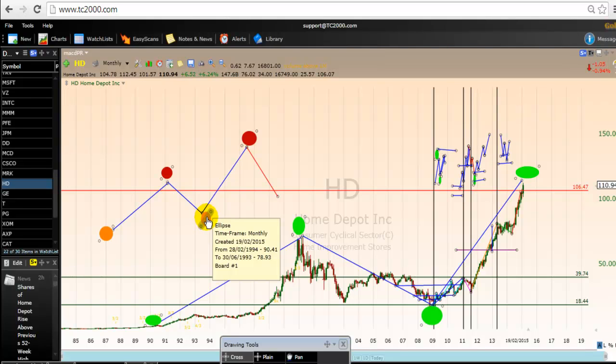In that scenario, there's a high chance that the fourth wave will overlap the first wave, which will cancel our wave count. The point I want to make to traders is very, very important.